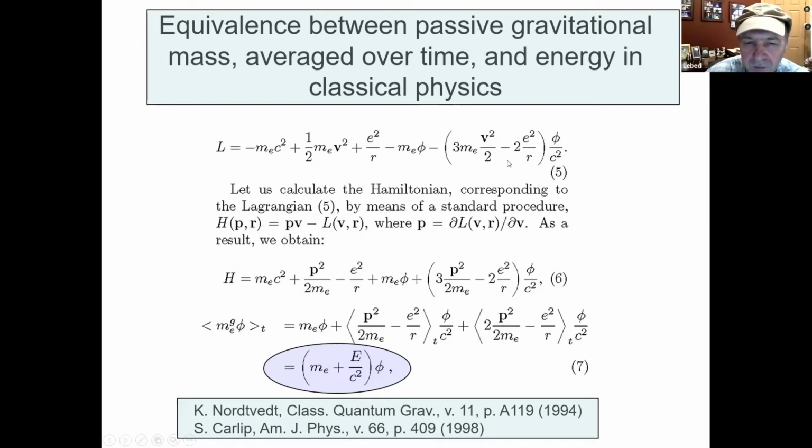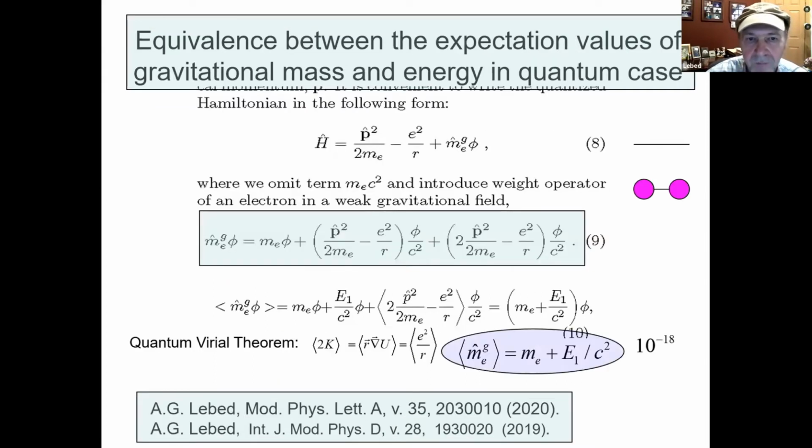Potential energy is negative. So we can construct the Hamiltonian, and we can reproduce the Nordtvedt and Károlyházy results that indeed, if you average everything with respect to time, you will get the energy here and the virial term, which is zero. So this equation is valid only averaged over time in classical physics.